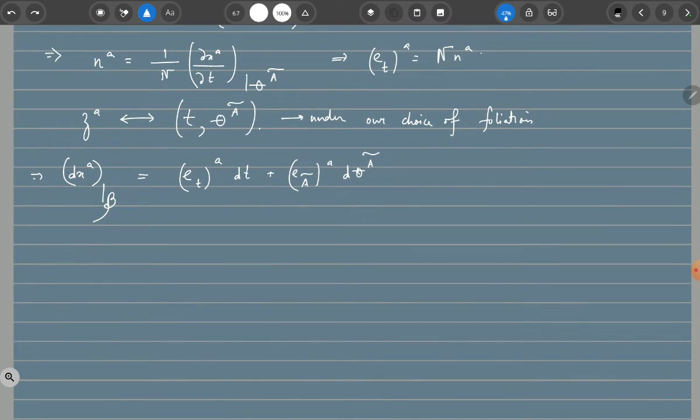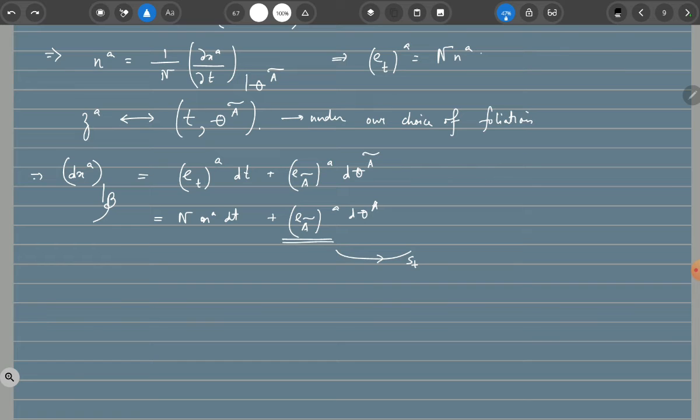I don't need to go ahead with this. So this is equals to n of na dt plus of ea tilde of a d theta a, where I should mention that remember that these are the tangent vectors on this surface st.